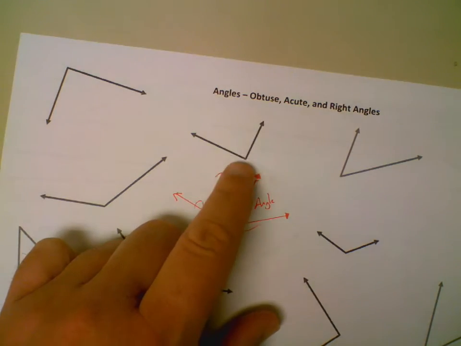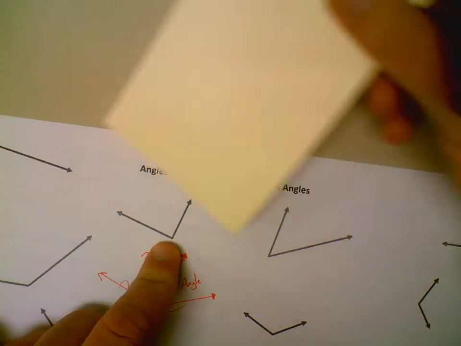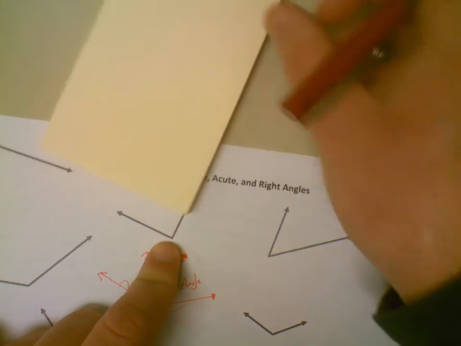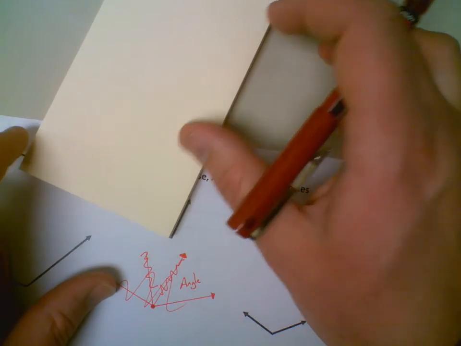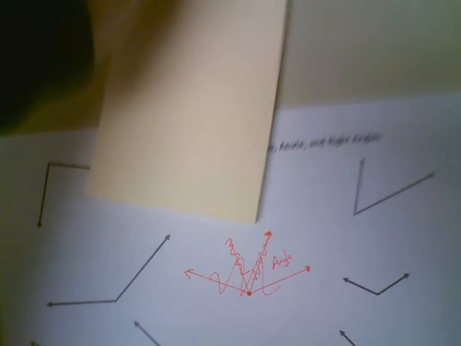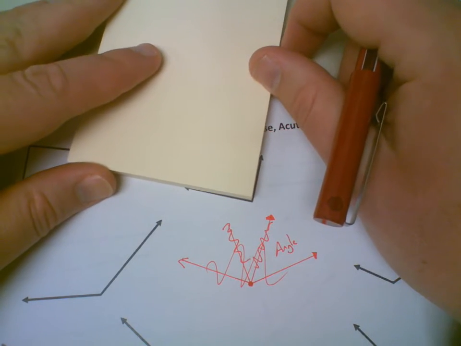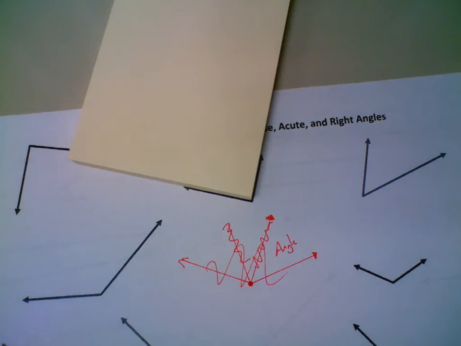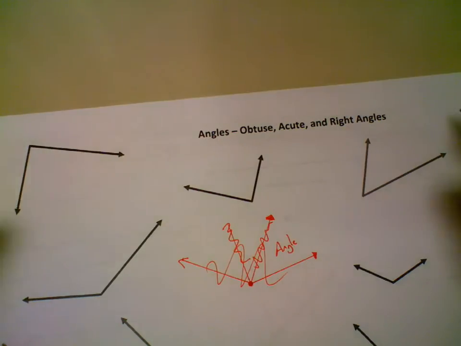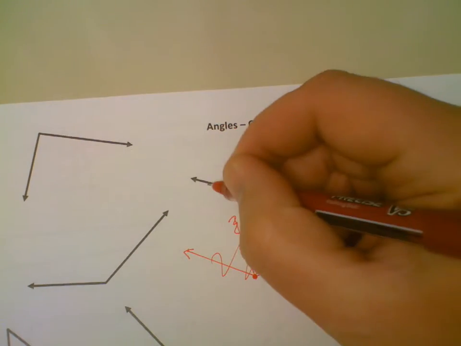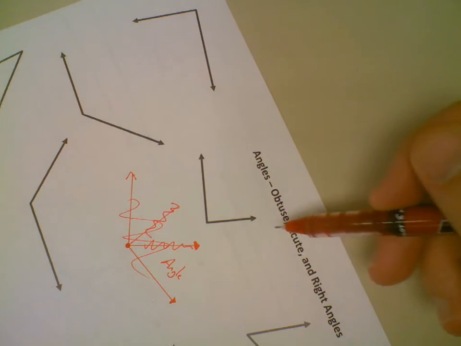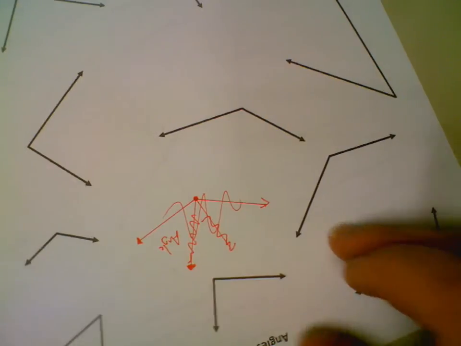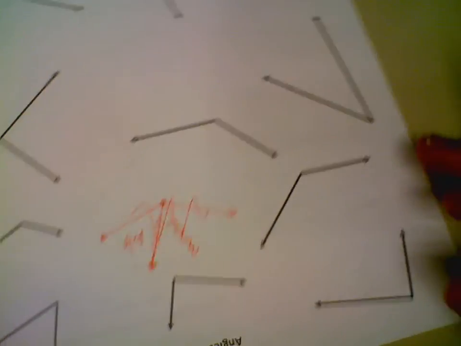So if I want to look at this angle right here, maybe I could take my Post-it note. I know this is a right angle. What if I put it right in this little slot right here? Gotta make sure you can see it. Doesn't that fit perfectly? Okay. So when one ray comes one direction and the other one goes the opposite direction, in other words, maybe one is vertical and the other one's horizontal, okay?